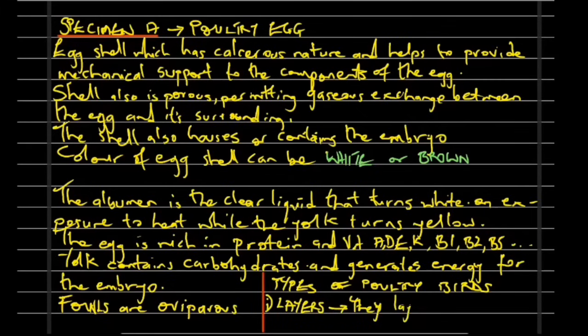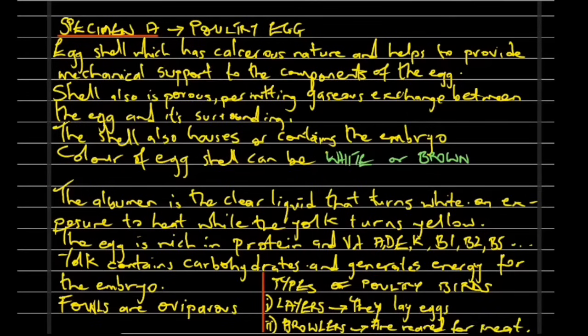They lay eggs. While the second one, the broilers, are reared for meat.